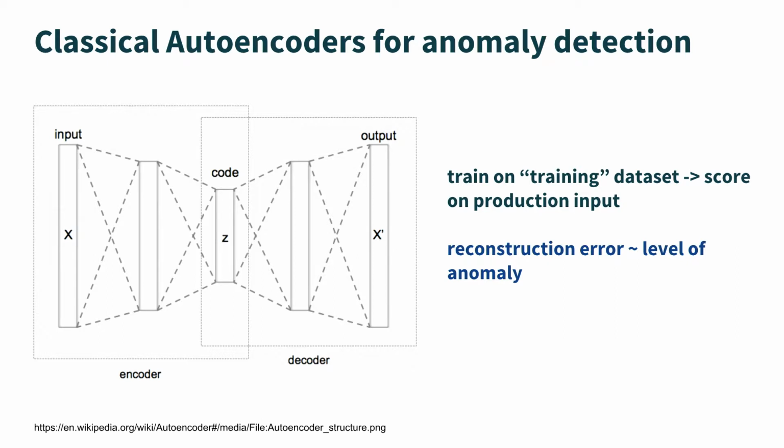Reconstruction error means the level of anomaly of a new image. So if we train our autoencoder on our training data and then score it in parallel with the main model, we can get some insight into what kind of anomaly we have in production.